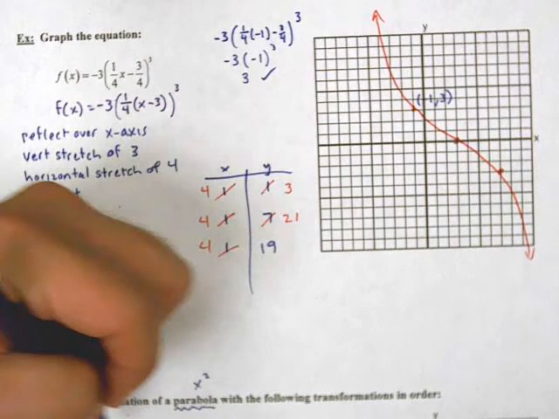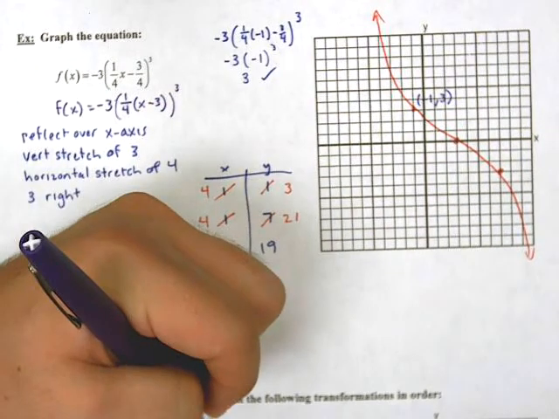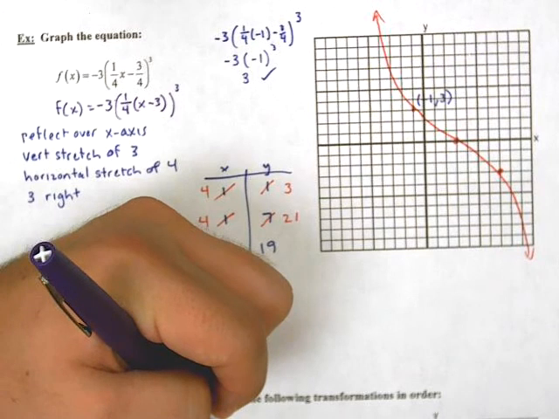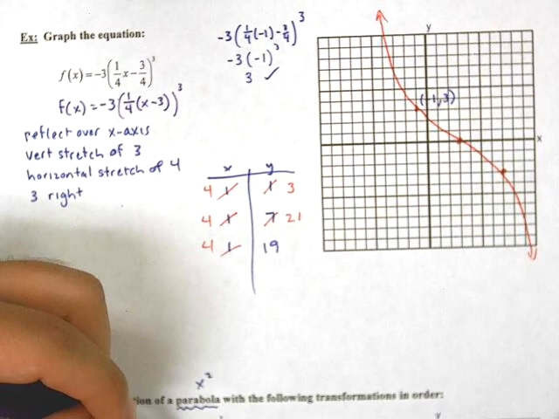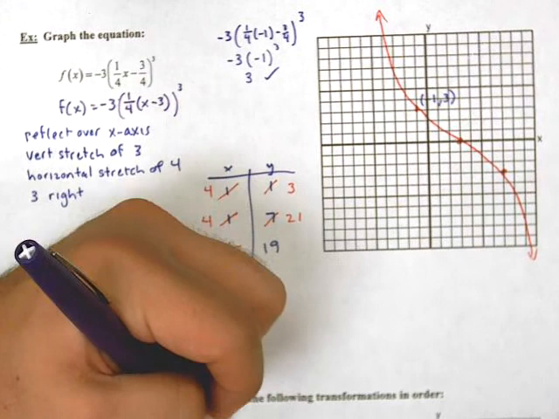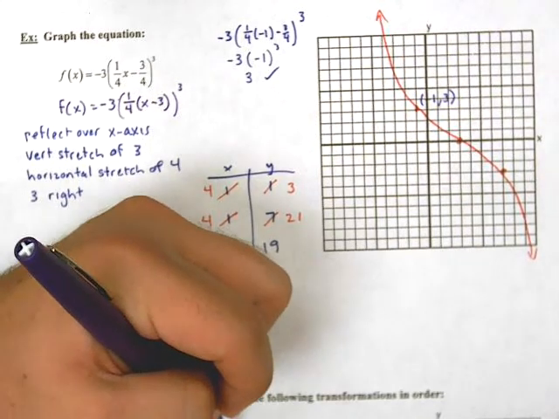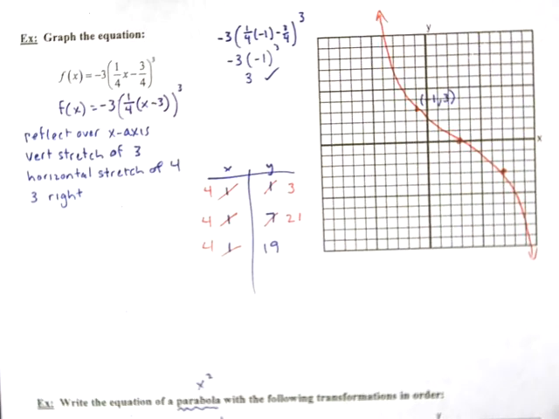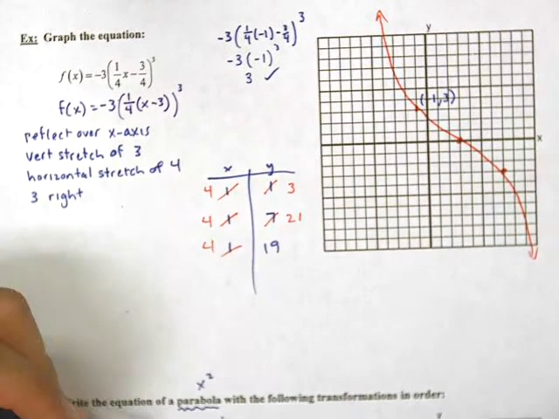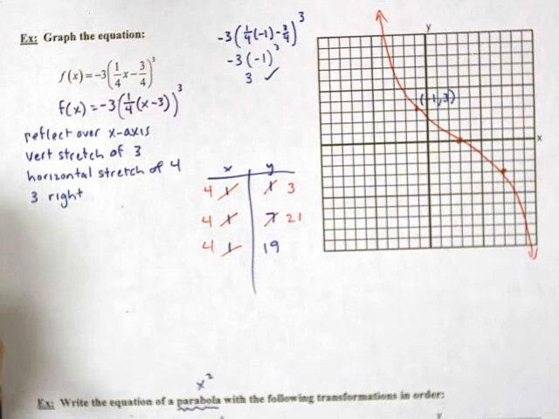So a reflection over the y-axis, that means what? I'm going to have a negative b value. And a horizontal stretch by 2, well, what does that mean? That means that b is going to be 1/2, right? A horizontal stretch means that the b value is going to have to be larger than 1.